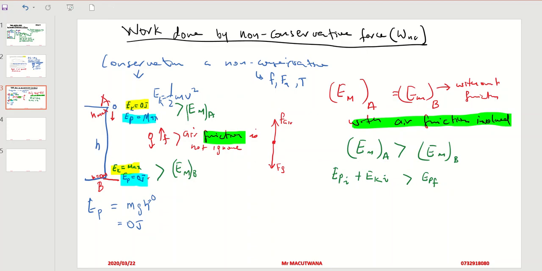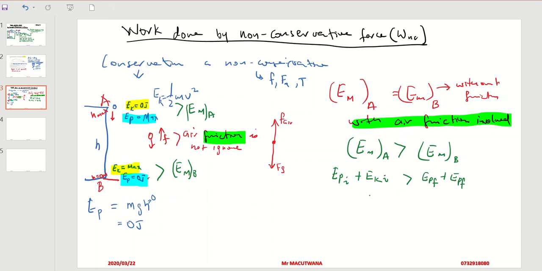Why final? Because it started at A and it ended up at B. So at B, you're going to have your final, that is plus EP final. So this is the situation we are at now.